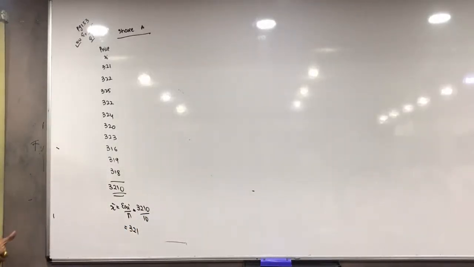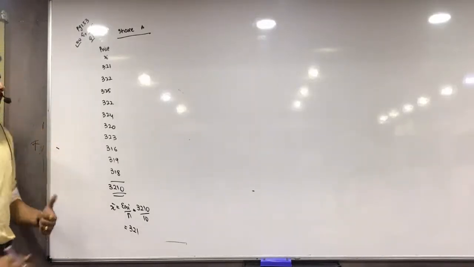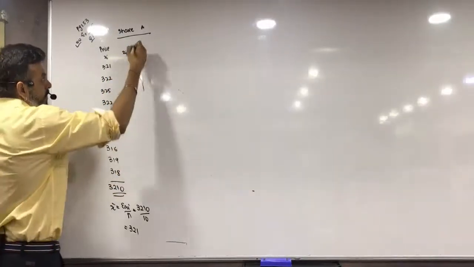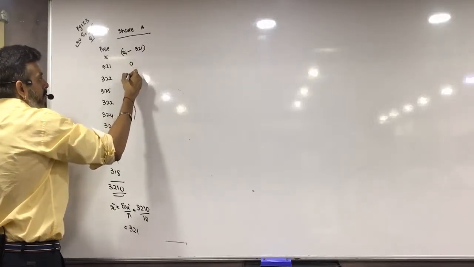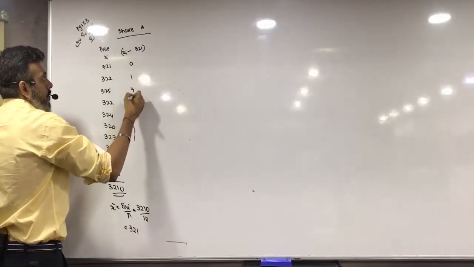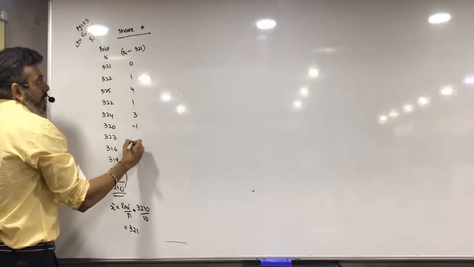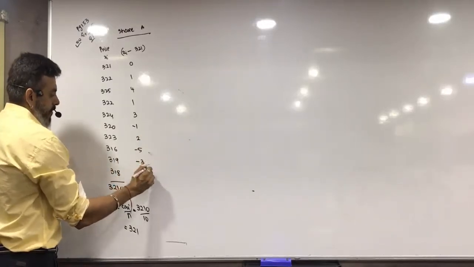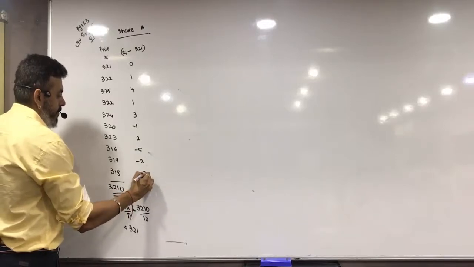So it's not in fraction. So what formula we'll use? Sigma xi minus x bar the whole square. So first we find out xi minus x bar, where x bar is 321. 0, 1, 4, 1, 3, minus 1, 2, minus 5, minus 3, minus 2, minus 3.